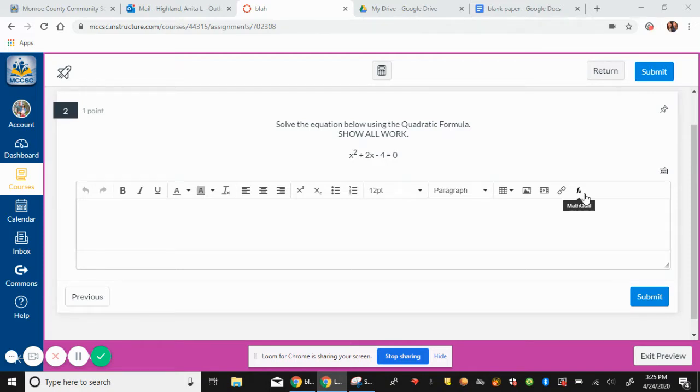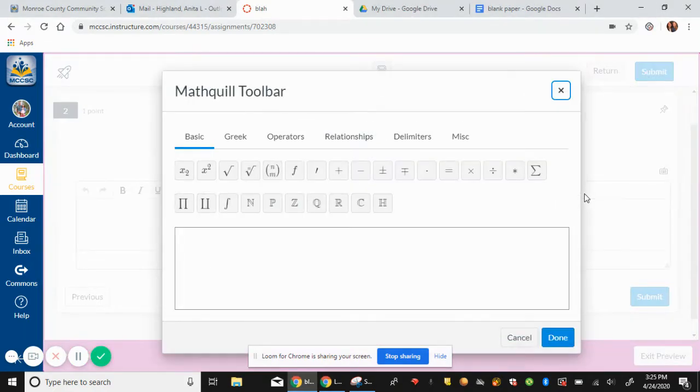So our equation's already set equal to 0. A is 1, B is 2, C is -4, and we can start to plug everything in. So I'm going to go to Math Quill. And I know that the quadratic formula has division in it, so what I have to make sure that I do is put my entire numerator in parentheses.